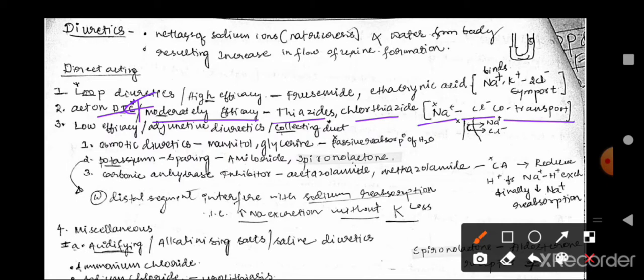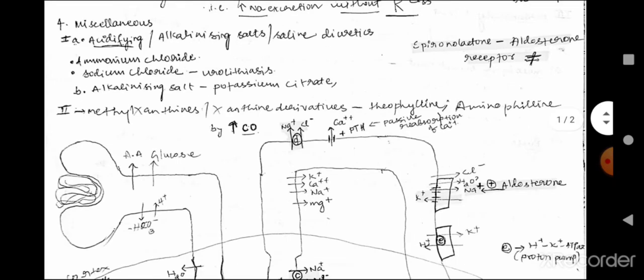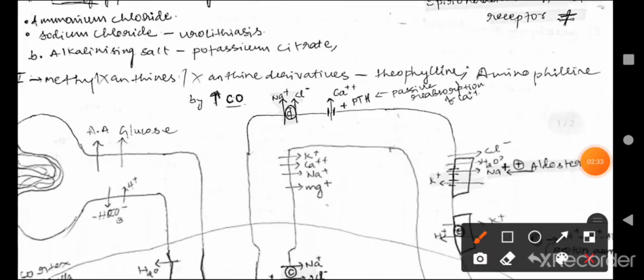This cotransport is present on the distal convoluted tubule, that is DCT of the nephron. Here you can clearly appreciate this is the sodium chloride cotransport. By inhibiting this cotransport, which is present on the DCT of the nephron, there is no reabsorption of the sodium ions. This will help in the diuresis.